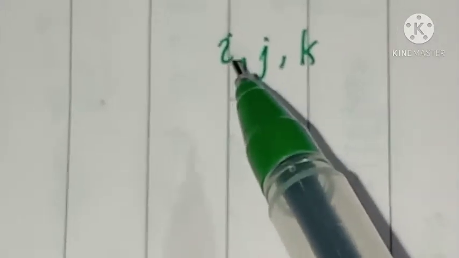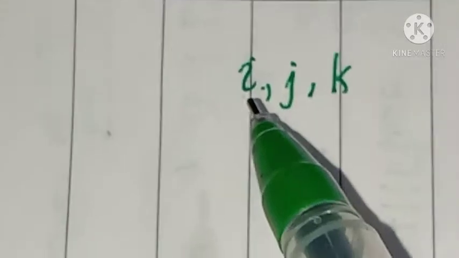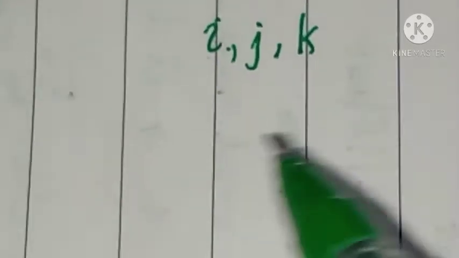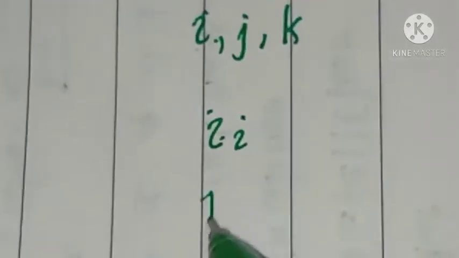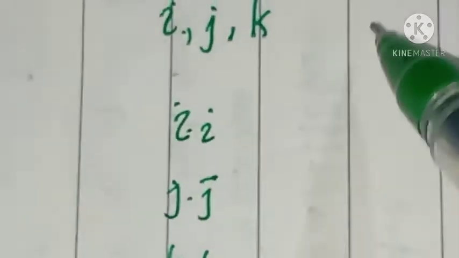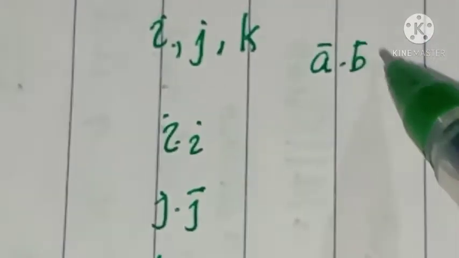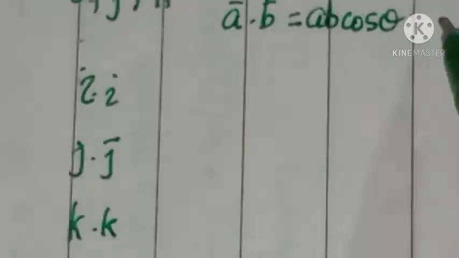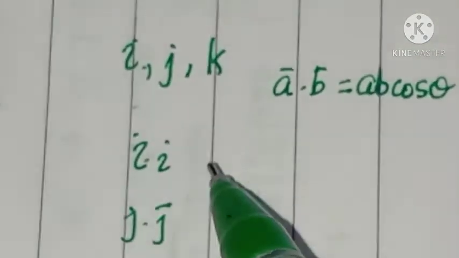i, j, k are unit vectors along the positive x-axis, positive y-axis and positive z-axis. Now see their dot product: i dot i, j dot j, k dot k. What is A dot B by your definition? A dot B is AB cos theta, where theta is the angle between these two vectors.